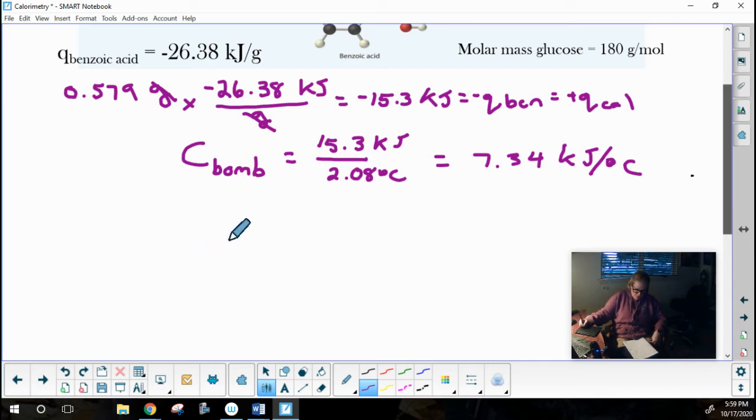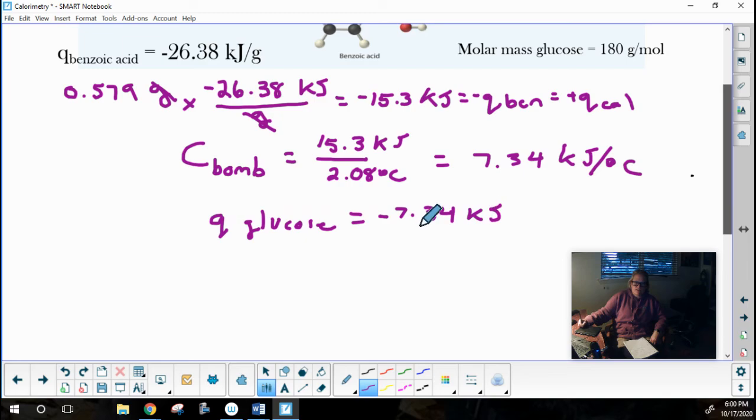So now we can figure out what's happening with the glucose. If this is the heat that can be absorbed by the bomb calorimeter, then we can figure out how much heat was released by the glucose using this formula. The heat lost by the glucose is going to be the amount of heat that can be absorbed by the calorimeter, and notice I flipped that sign again, because now this is the heat released by the glucose.